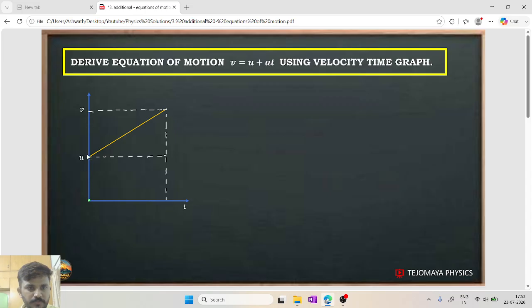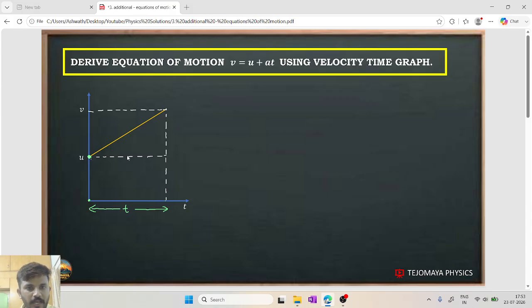So here the velocity is u at t = 0 and velocity is v at t = t. Let me consider this is the time taken to acquire the velocity v with acceleration a.